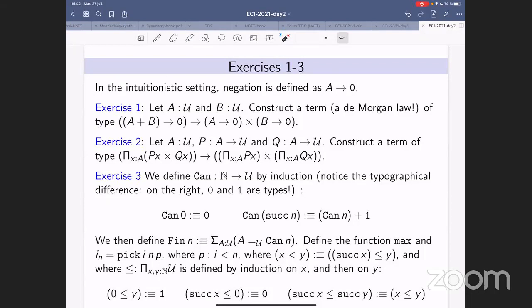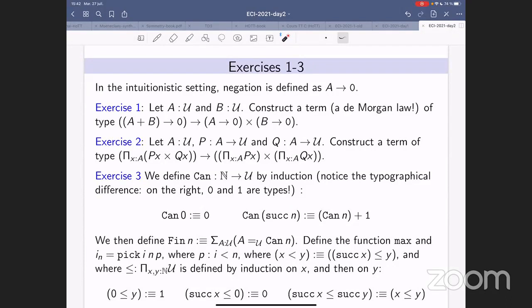So the first exercise is a variation on the so-called De Morgan laws. Actually it's more general than that, but it's motivated by this. De Morgan law in logic says that the negation of a disjunction is the conjunction of the negations.